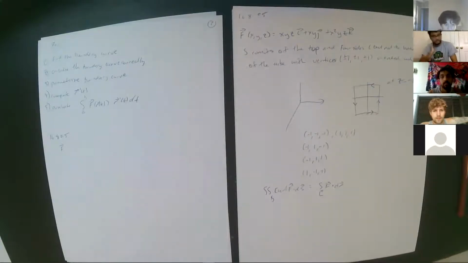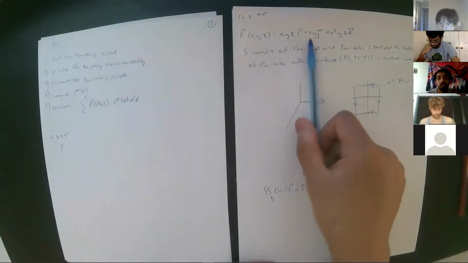So how do we check if f is conservative? Just take the curl. When we were given the initial f, we were given it in terms of 3 space, because it's a vector field in 3 space.